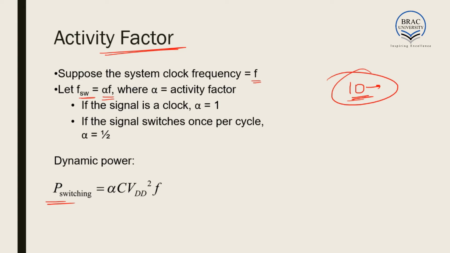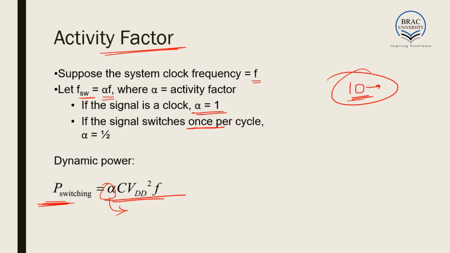Now, if the signal under consideration, of which we want to measure the switching frequency, is a clock, that is, it switches twice, once on and once off at every cycle, we get alpha is equal to 1. But if the signal switches just once in a cycle, we get alpha is equal to half. That is, the total power in the switching reduces by 2 times. So depending on the value of alpha, or activity factor, the total power of the switch gets modified.